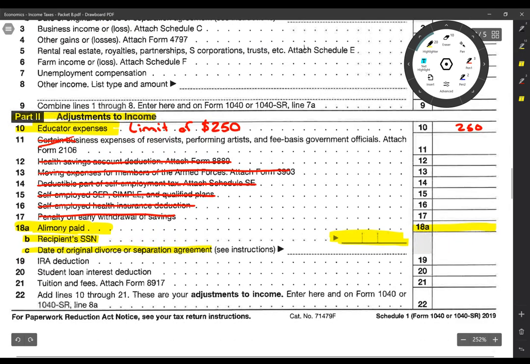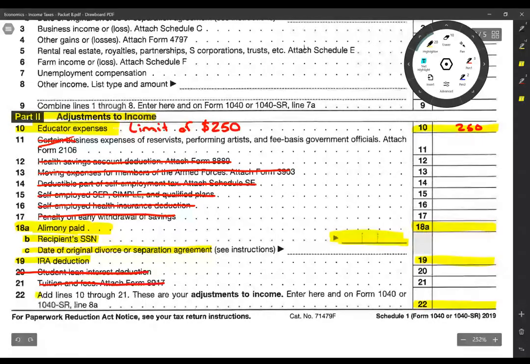Okay. IRA deduction, we talked about that. Yes, right? We're going to need to fill that out. Student loan interest deduction. We're going to assume they don't have any student loans. Tuition fee? No. Okay, so all you have to do here is total line 10, 18, and 19, and put that information in here, line 21.